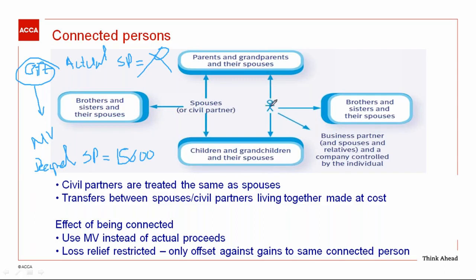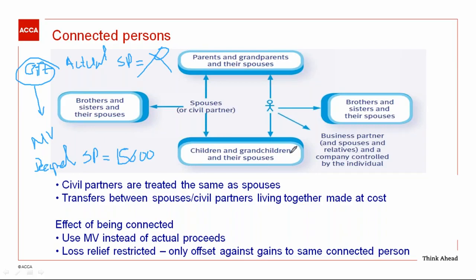And not only that, your spouse's parents, grandparents, your spouse's brothers and sisters, their spouses, all of them should be treated as connected parties.